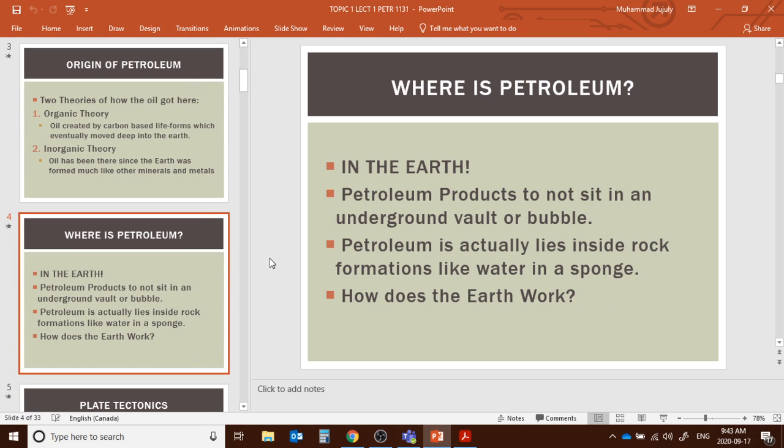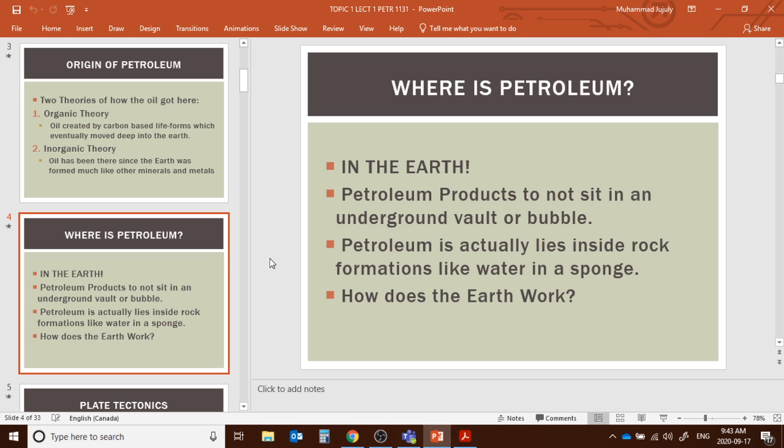Now, where can we find petroleum? Definitely we can find it in the earth, and petroleum does not sit in an underground vault or bubble. It moves.